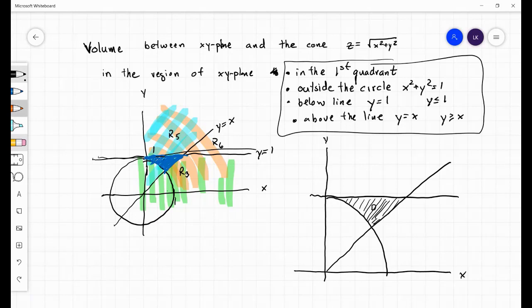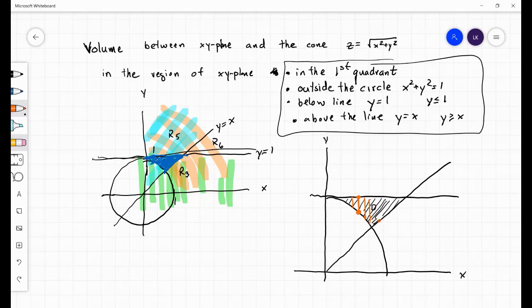Right, so if we try to say that x is bounded between two functions, so we draw these vertical lines. And sure, here x is bounded by the circle below and by this horizontal line above.